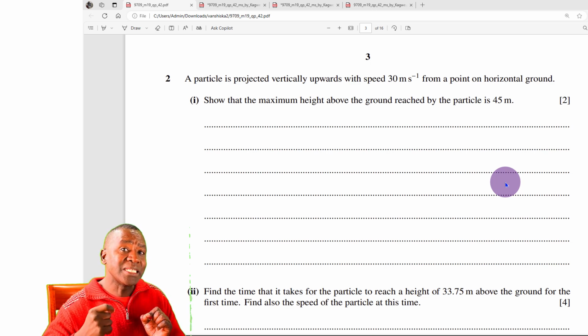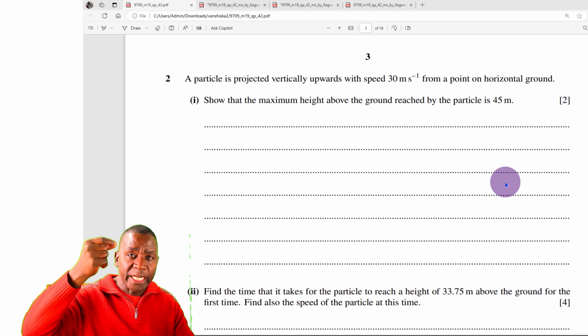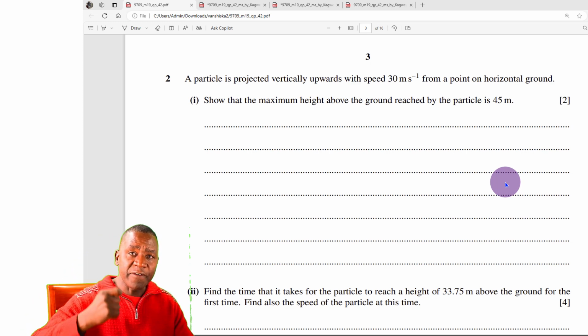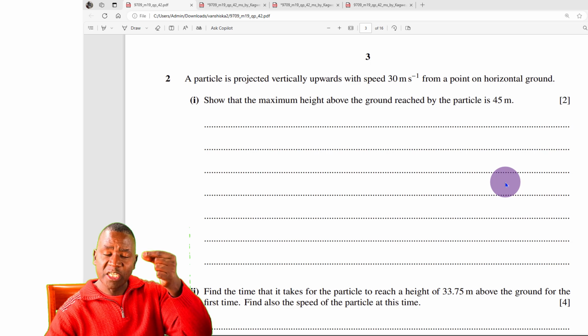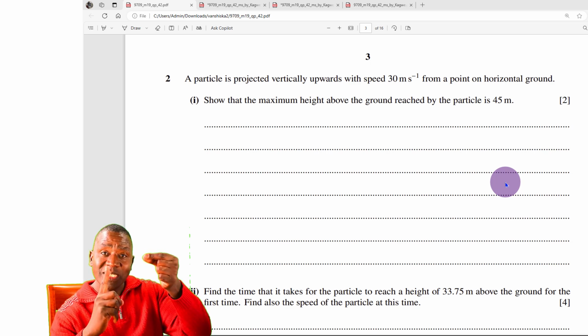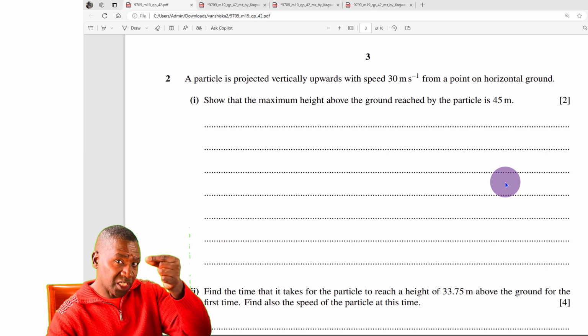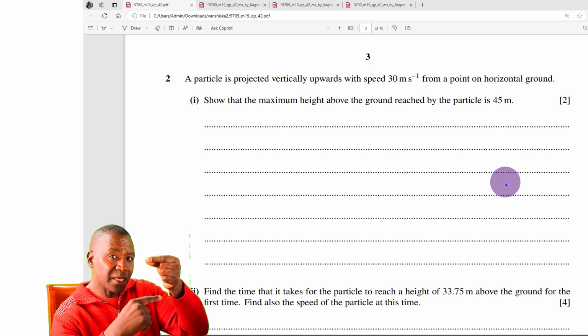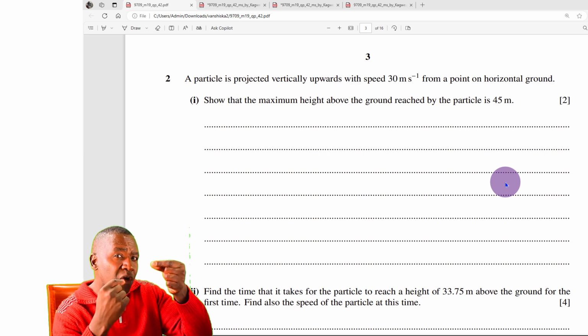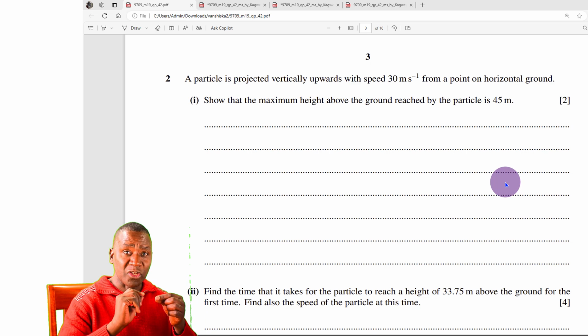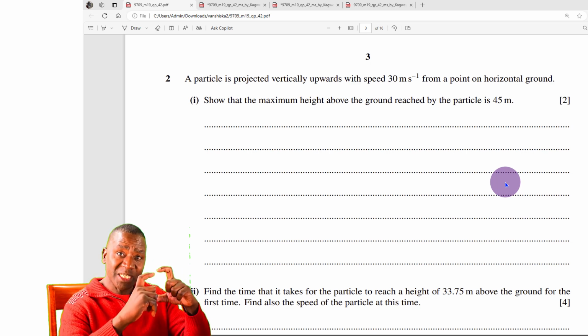What that means is that if an object is released from some height, its velocity is going to increase by 10 meters per second every second. So if it is released from a given height, its initial velocity is 0. After 1 second, how much will be its velocity? You will agree with me that its velocity after 1 second will be 10 meters per second.